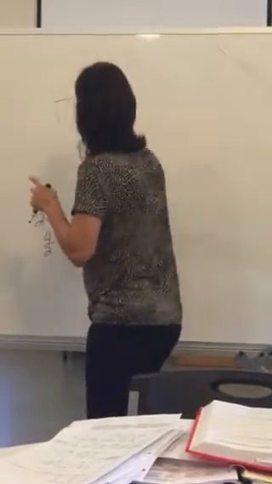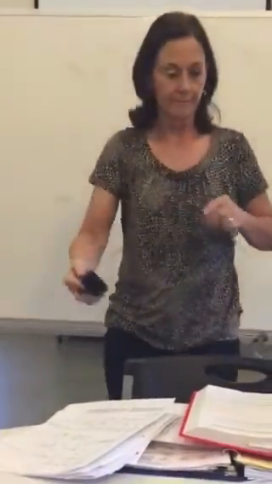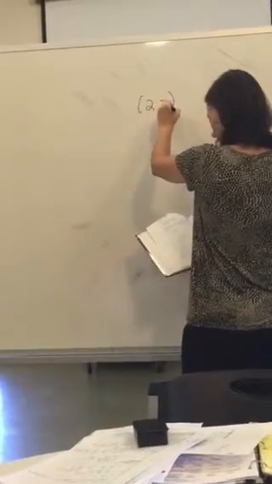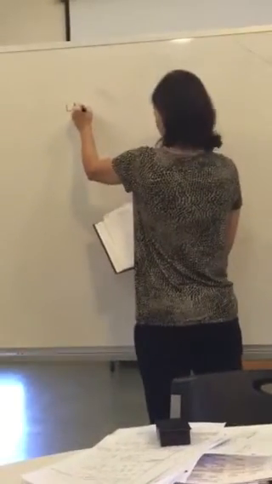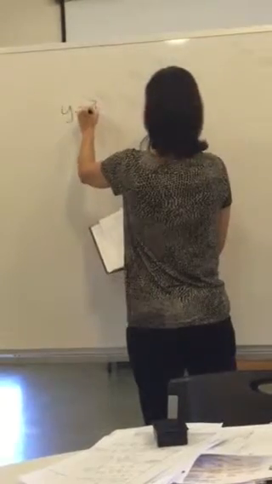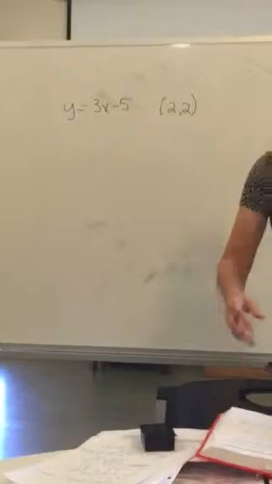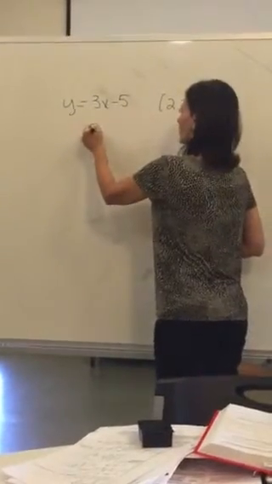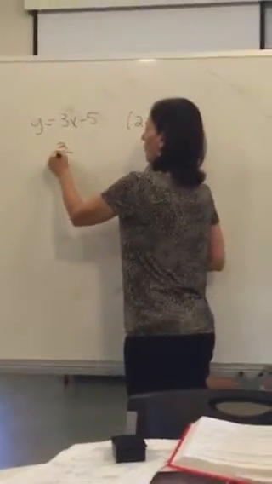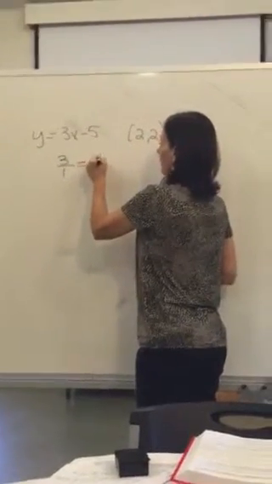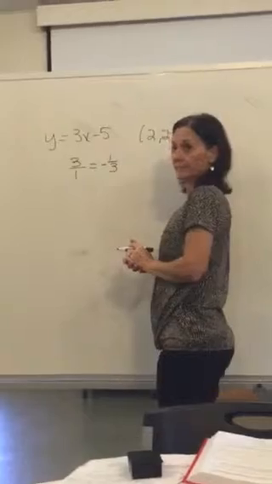All right, this problem on page 150, number 12 says, find the equation of a line that passes through point 2, 2, and is perpendicular to y equals 3x minus 5. All right, so my slope is 3, but over 1. I want the negative reciprocal, so my new slope is going to be negative 1/3.